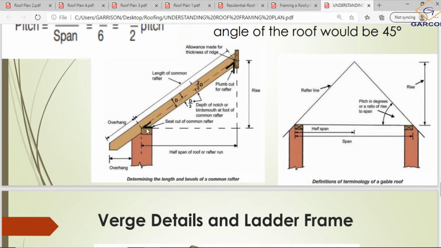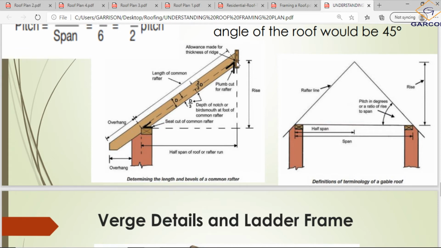So when you cut the rafter for the ridge, that is how the rafter meets the ridge board. This is the rise from the top of the wall plate all the way up to the center point of the ridge. And the length of your common rafter is from here to here.